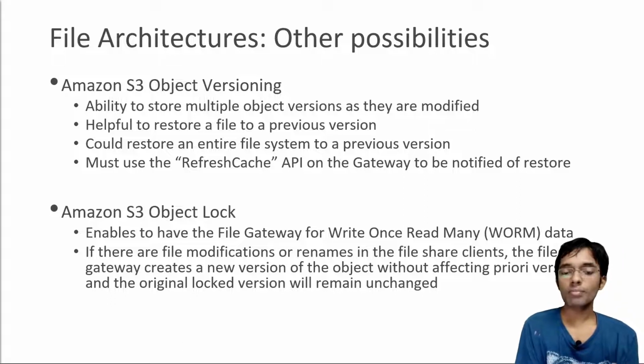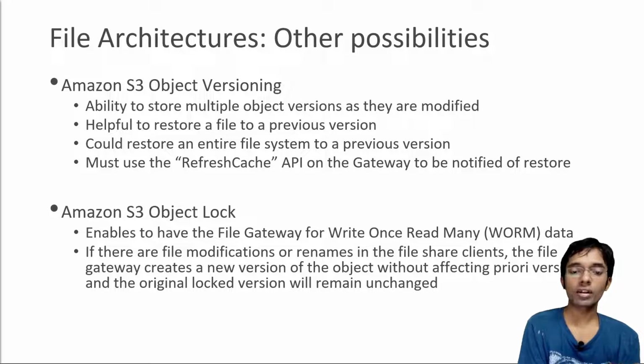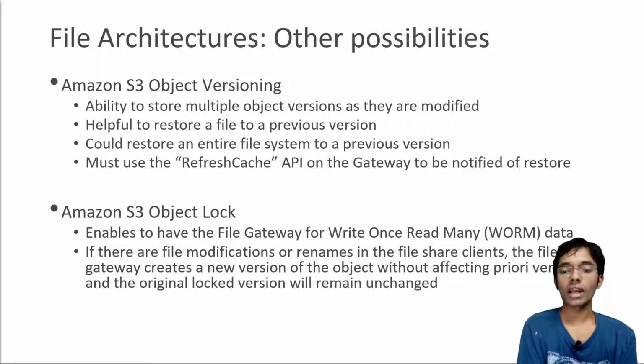It is definitely possible for you to restore any file to any previous version, or you can even restore an entire file system to a previous version. But if you do so, to restore a file or a file system to a previous version, you need to let your file gateway appliance know that there has been a change, and so there is a refresh cache API on the gateway, so that you notify the gateway that there has been some restore happening, some changes happening on the Amazon S3 buckets, and there will be a synchronization happening in the backend.